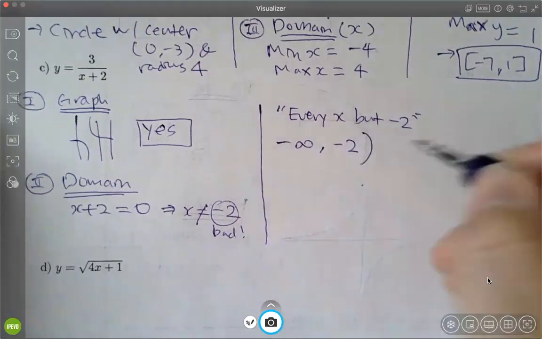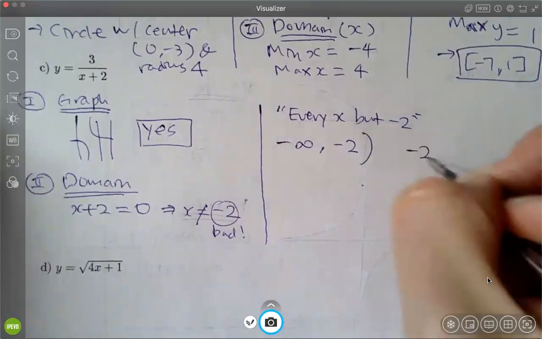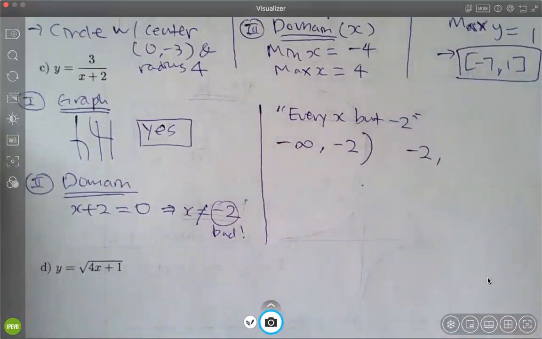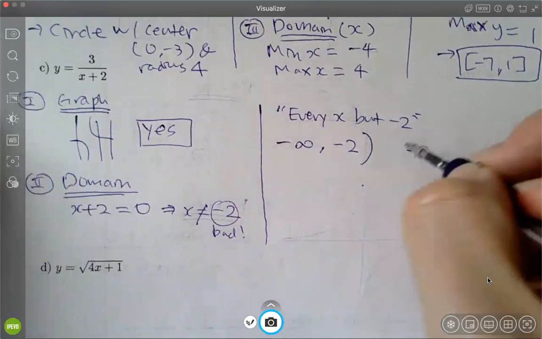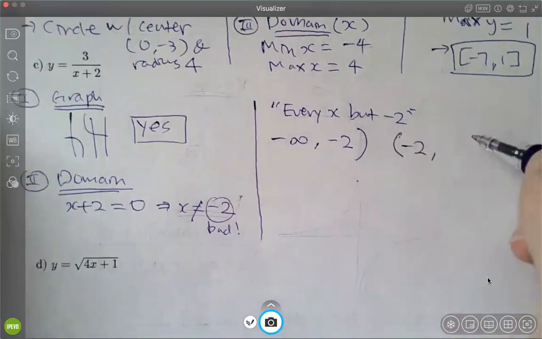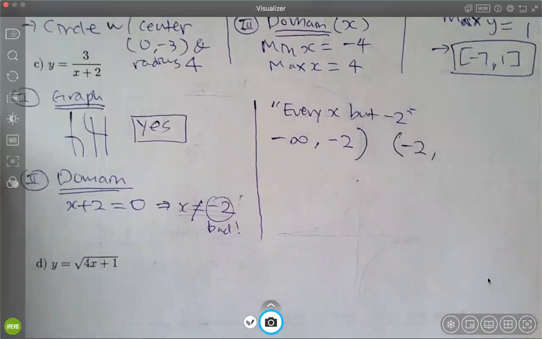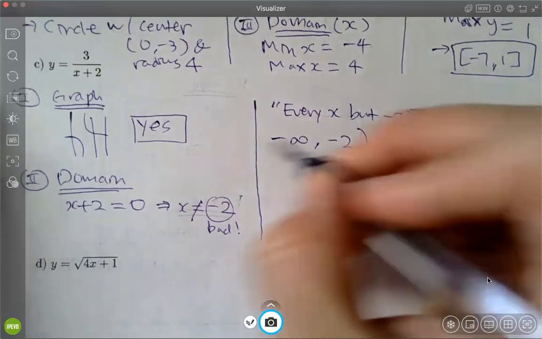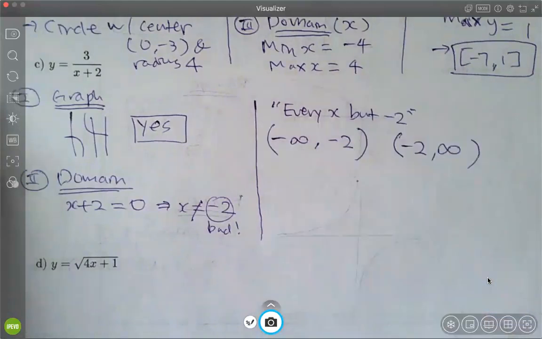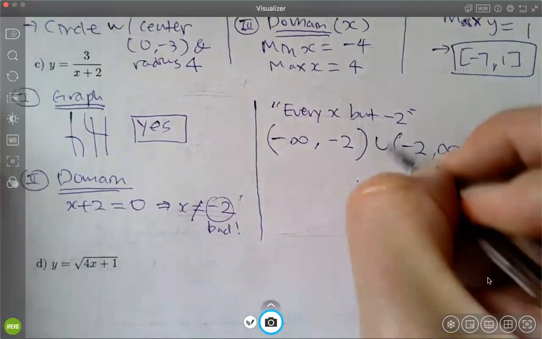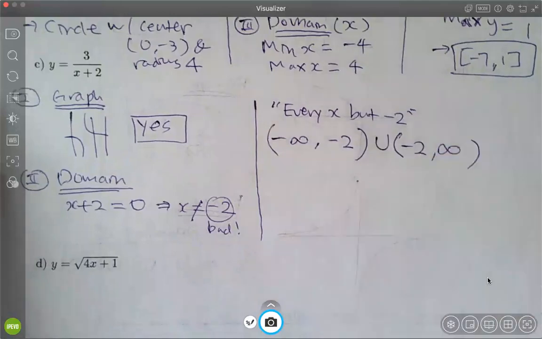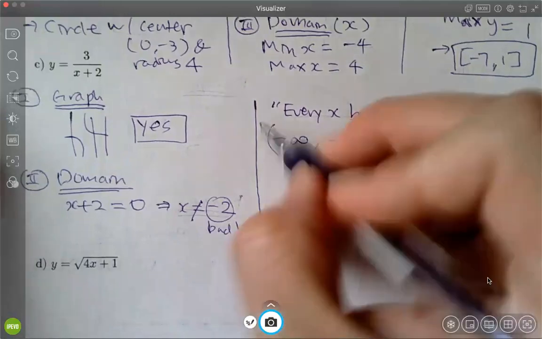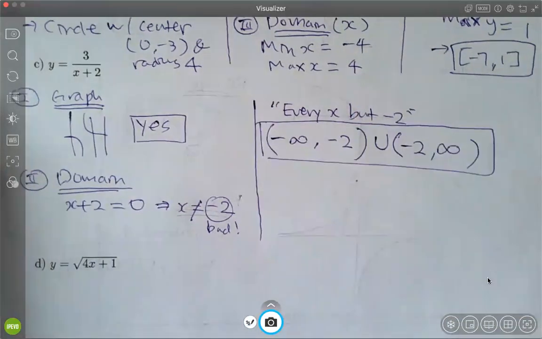Then you jump over negative 2, which means you don't cross, so that's again a parenthesis. Then you're good to go to positive infinity. In between these two intervals, a union. So that is the interval notation for the domain, everything but negative 2.